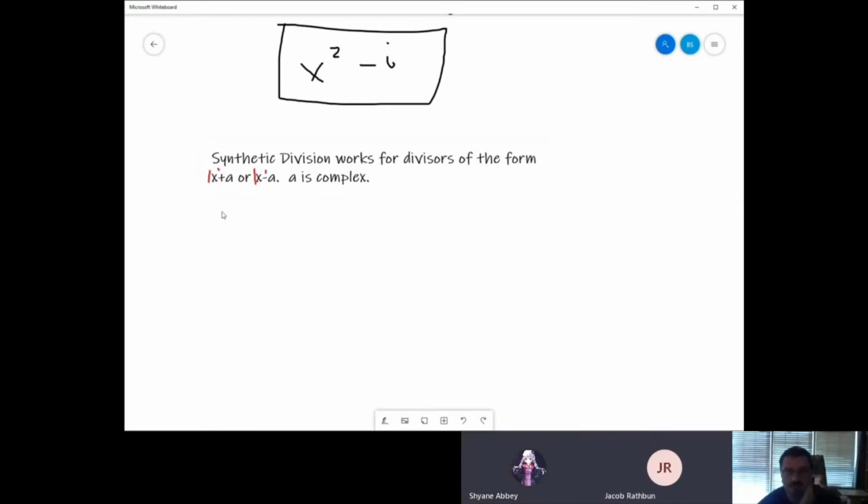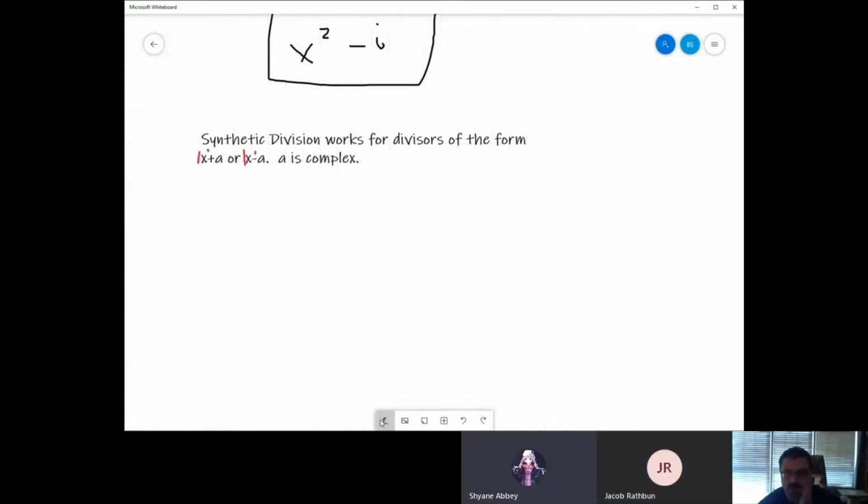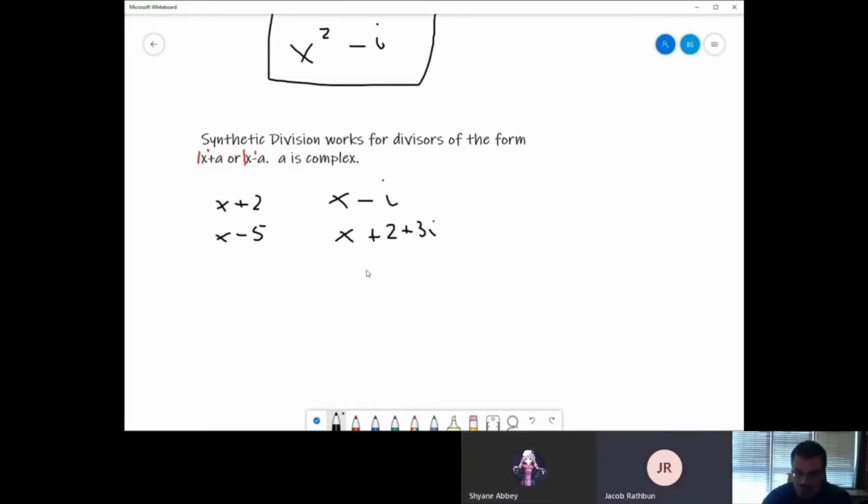So divisors can be like x plus 2, x minus 5, and even x minus i, or if you want to be really crazy and mean, this would actually work for synthetic division because this thing here is your A value.